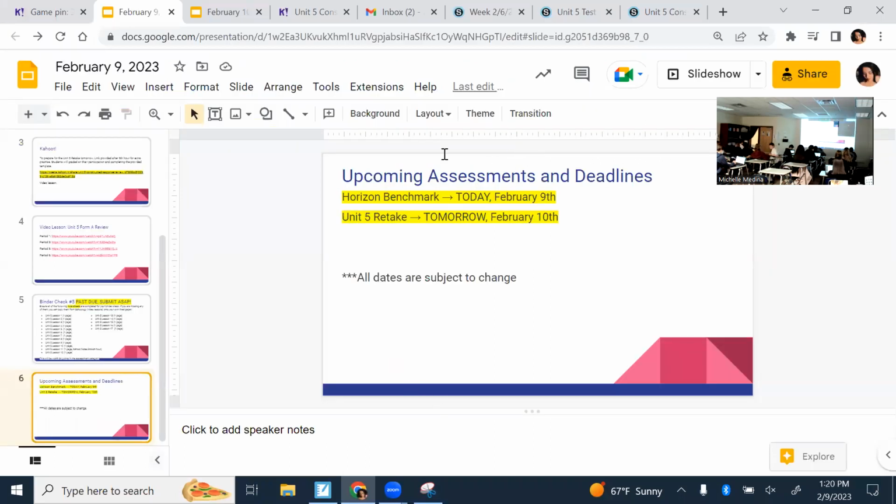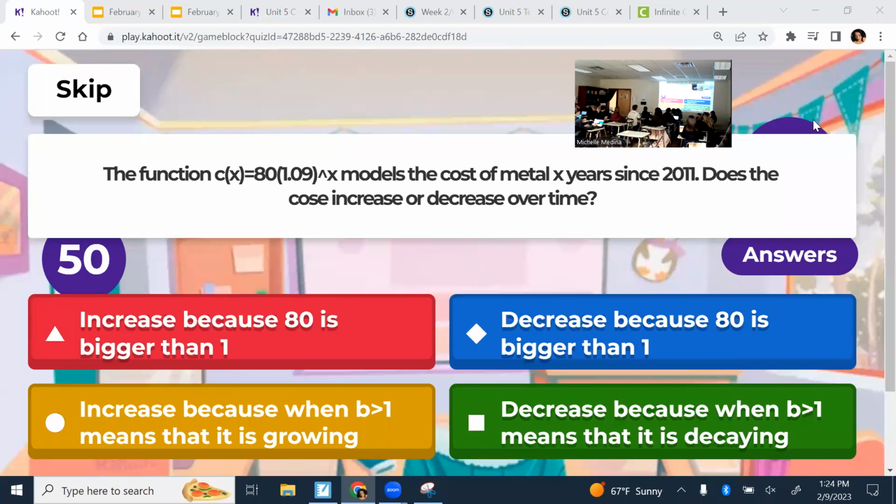Let me pause this. This function models the cost of metal X years since 2011. Does the cost increase or decrease over time?